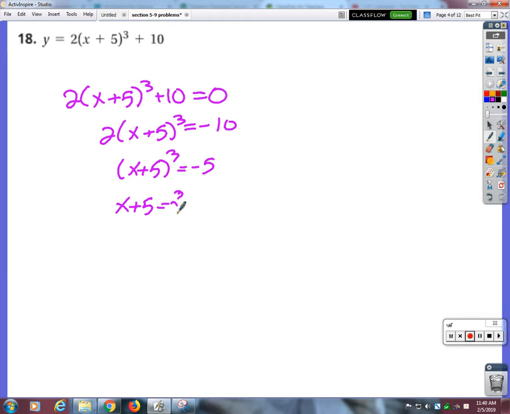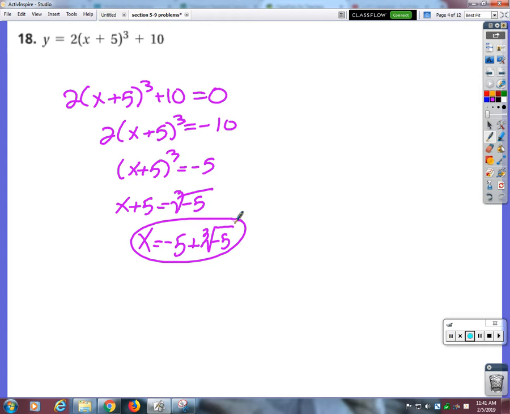So x plus 5 equals the cube root of negative 5. And then finally, it's a cube root. Subtract 5. So my final answer is negative 5 plus the cube root of negative 5.